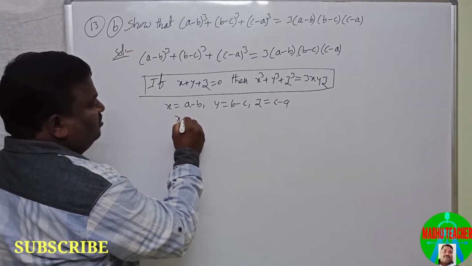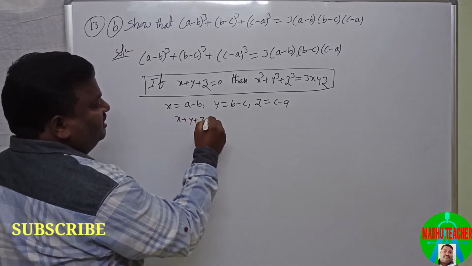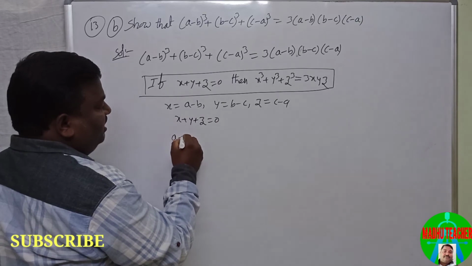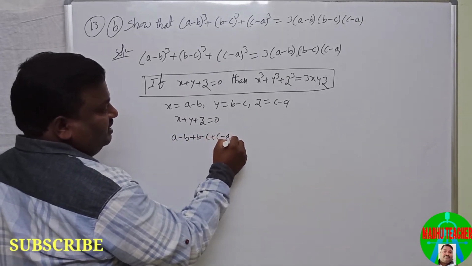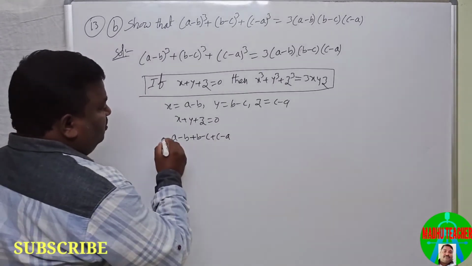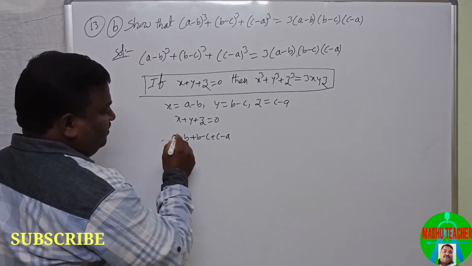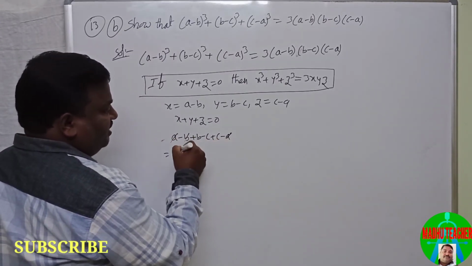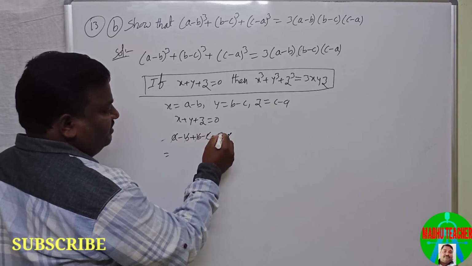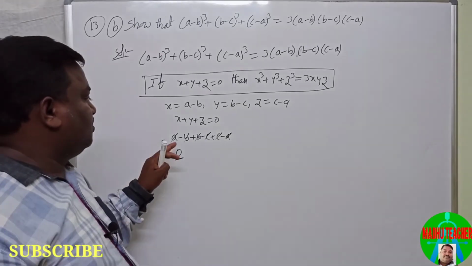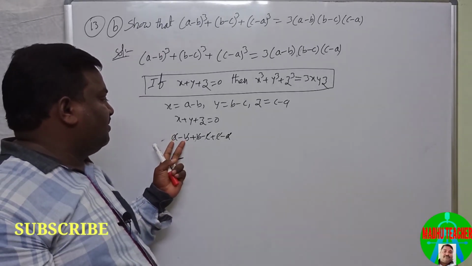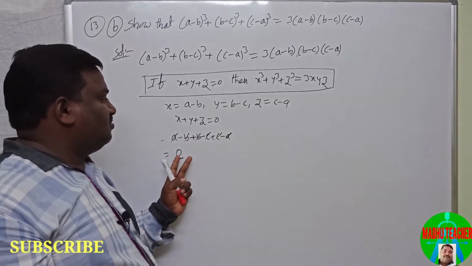So what you have to show? x plus y plus z equal to 0. That is a minus b plus b minus c plus c minus a. So that equals: plus a minus a cancel, minus b plus b cancel, minus c plus c cancel, that equals 0. So we got x plus y plus z equal to 0.